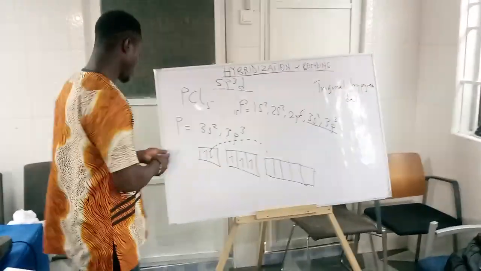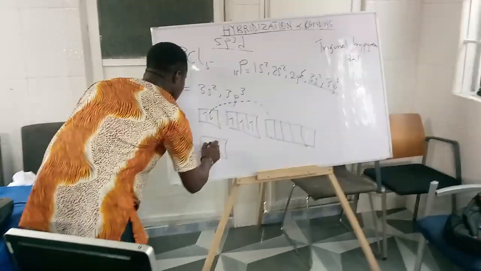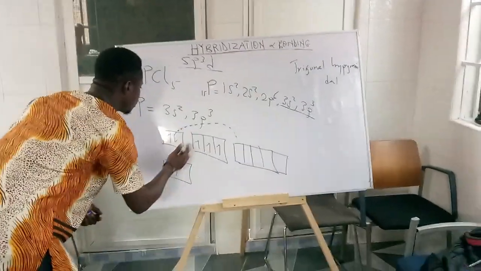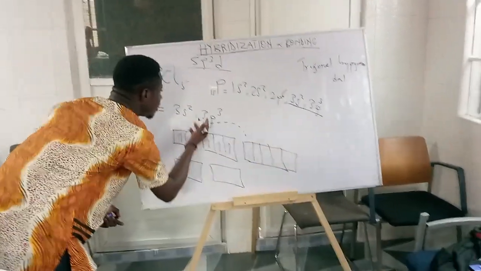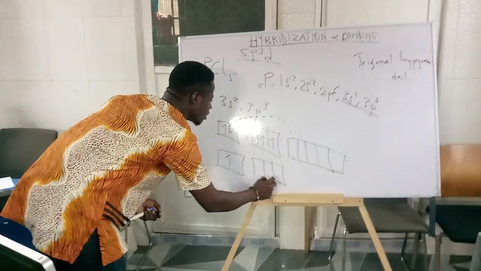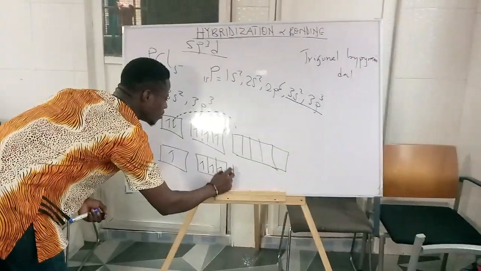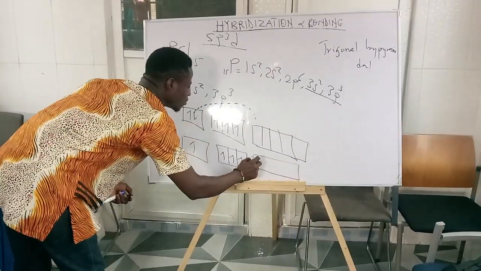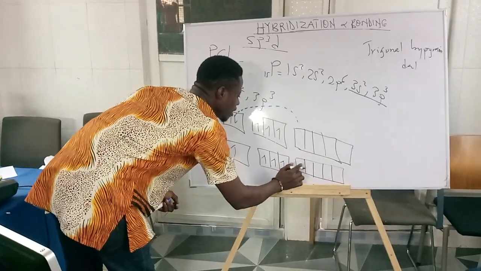So in the excited state, we are going to get something like this. This is 1s and 3s. Then the next one, 3p, 3 of them. Then when you pick the d orbital itself, 1, 2, 3, 4, 5.